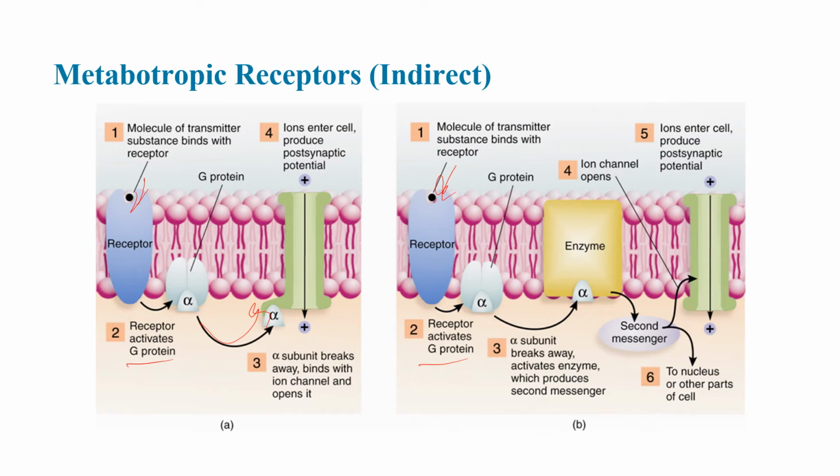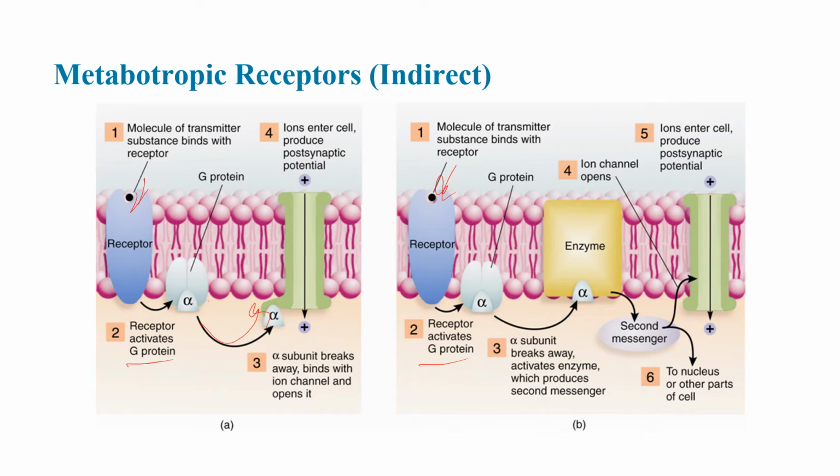We'll talk in a minute about why this is more complex and why this method exists. But just note that this indirect method is more complex. So it hits the receptor, which causes the receptor to activate a G protein.